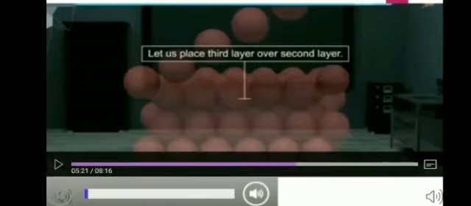Now, placing the third layer over the second layer. This can be done in two ways: by covering tetrahedral voids, or by covering octahedral voids.